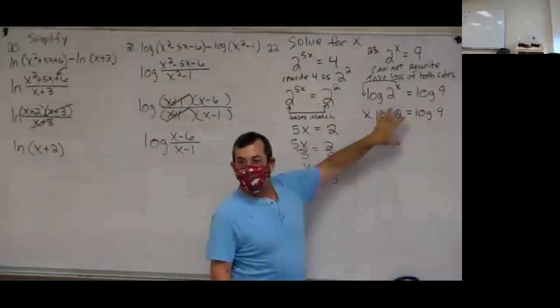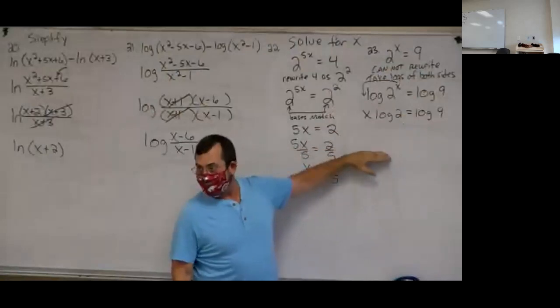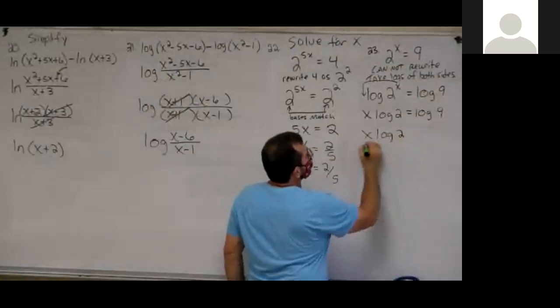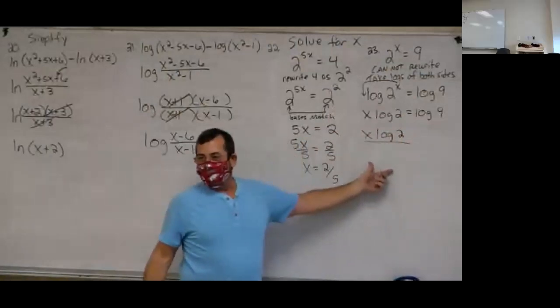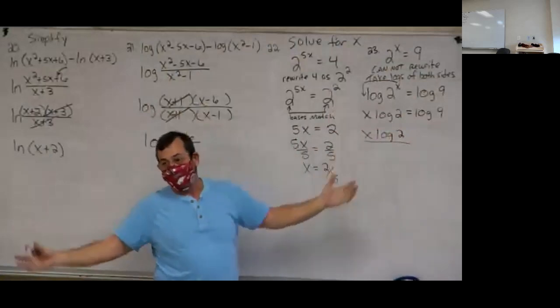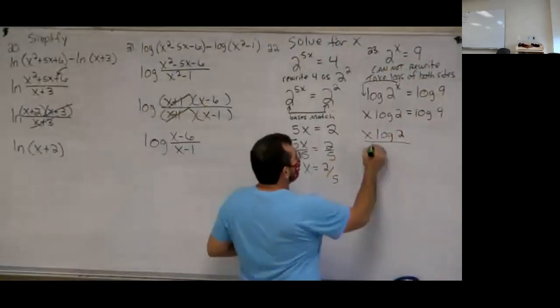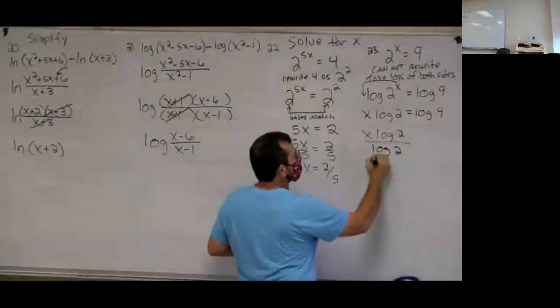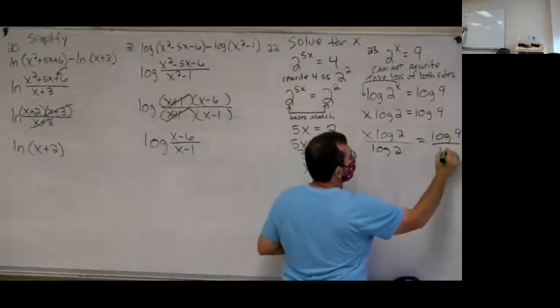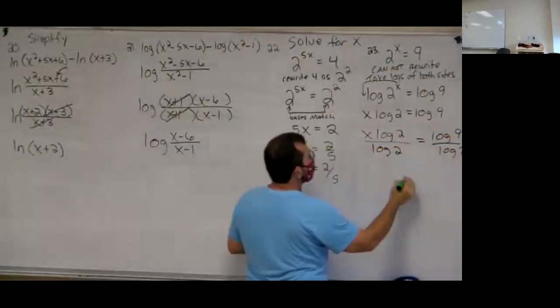If x is being multiplied by log 2, we're going to divide by log 2. Because log 2 is really a number. We don't know that number, but it's probably a long decimal type number, okay? So those will cancel on this side. And then I have log 9 over log 2.